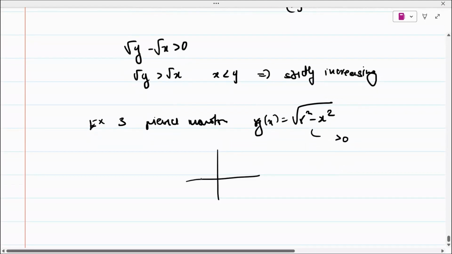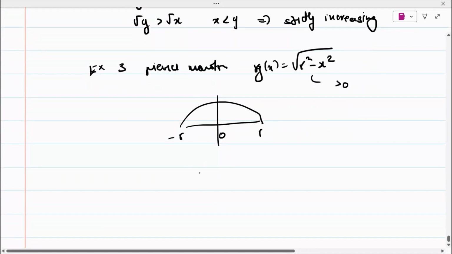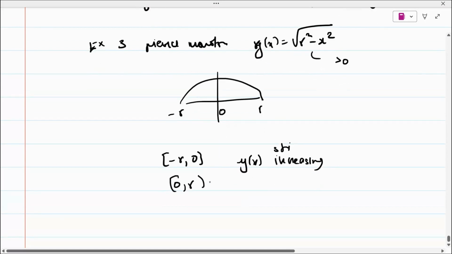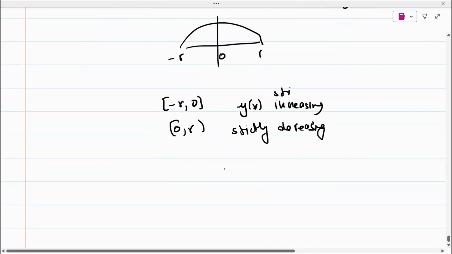So if we just draw something like this, obviously 1 minus up to 0, the distance increases from the drawing.